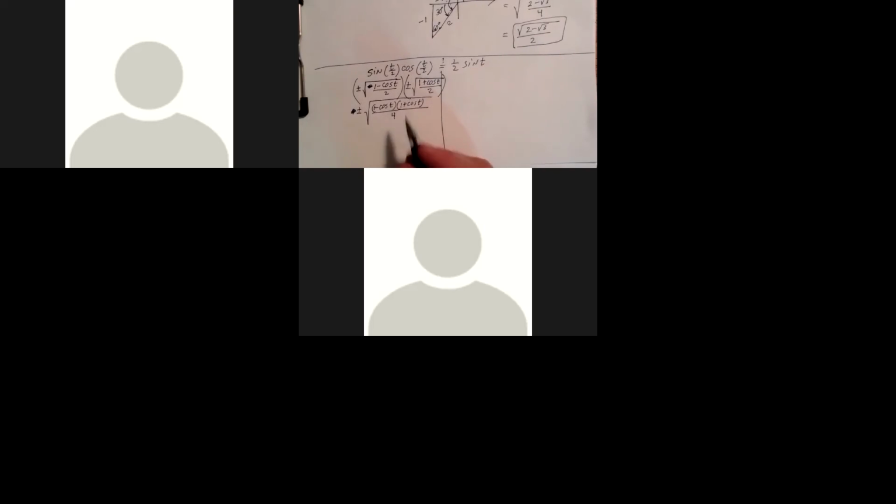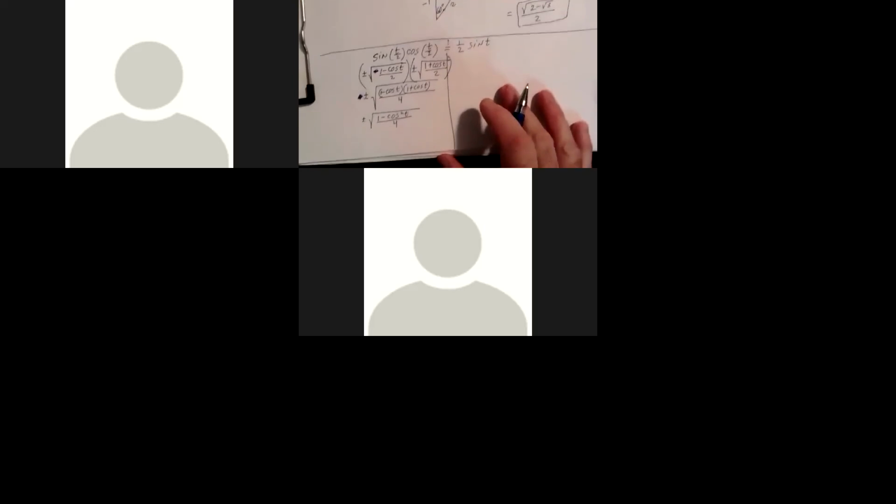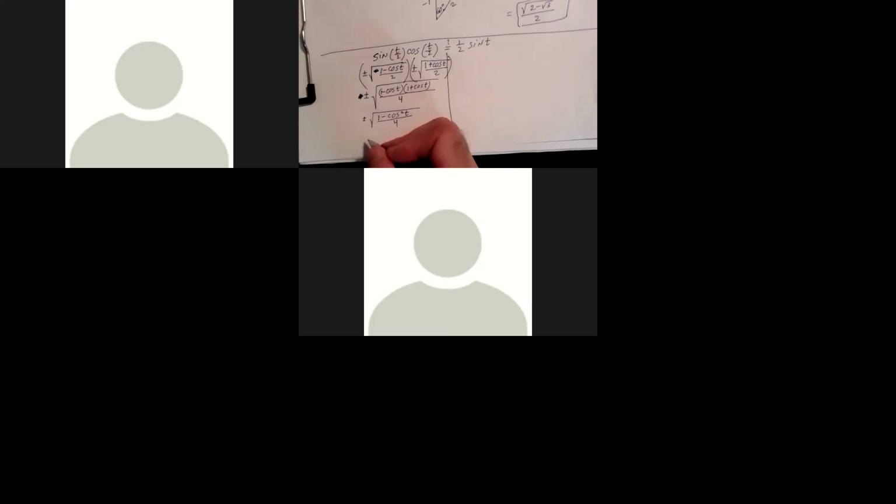Since these are conjugates of each other, that would give us 1 minus cosine squared t, over 4. Well, ladies and gentlemen, what's another name for 1 minus cosine squared t? From a Pythagorean identity, we can replace this with sine squared t. So this is plus or minus the square root of sine squared t over 4.